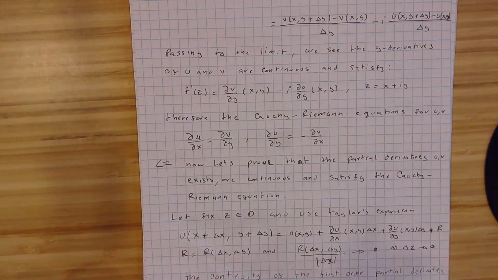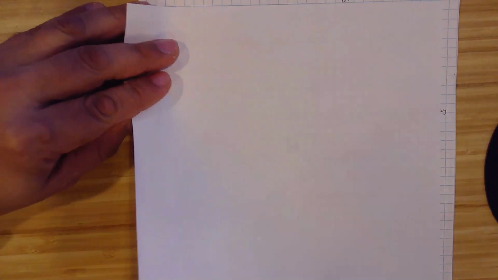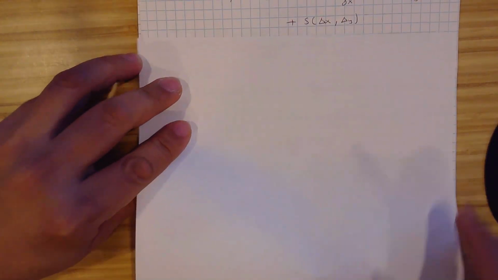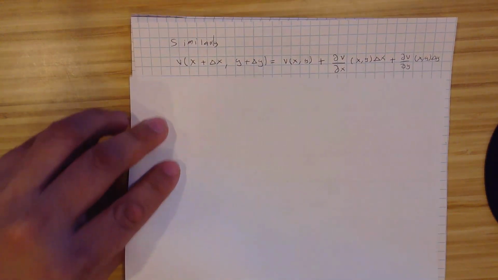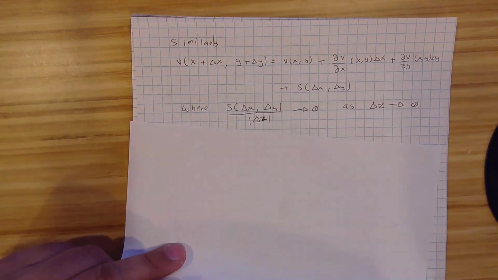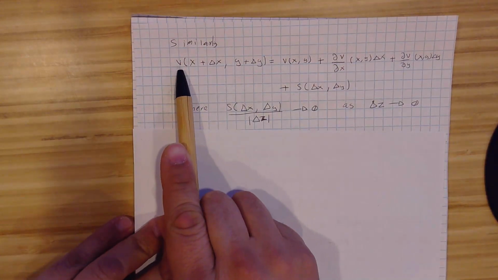So the continuity of the first order partial derivative of u must be obtained to estimate the remainder. Similarly, we can do this using the function v.